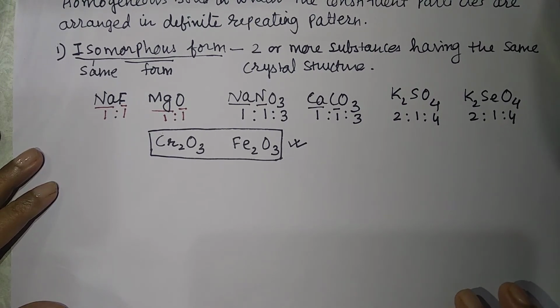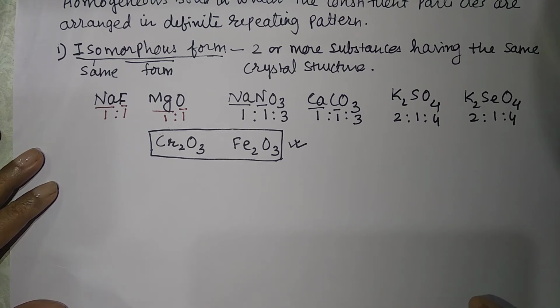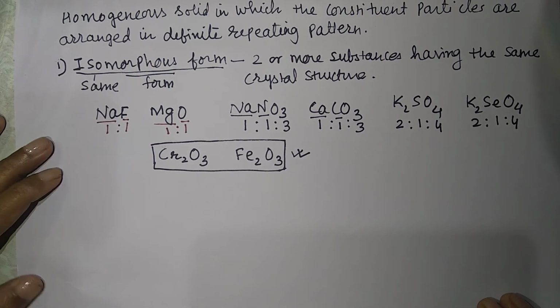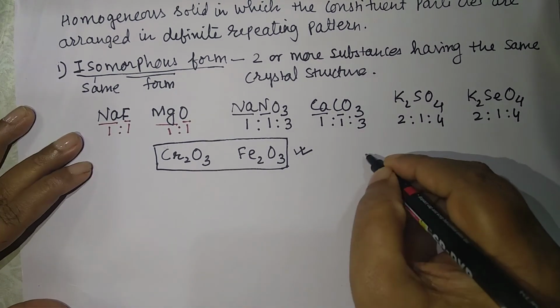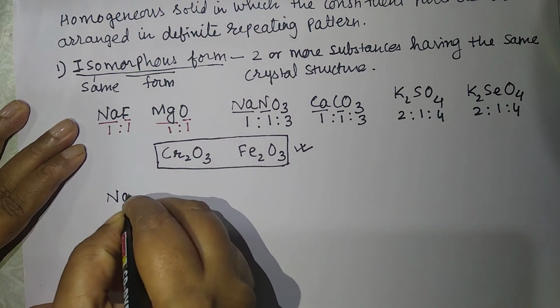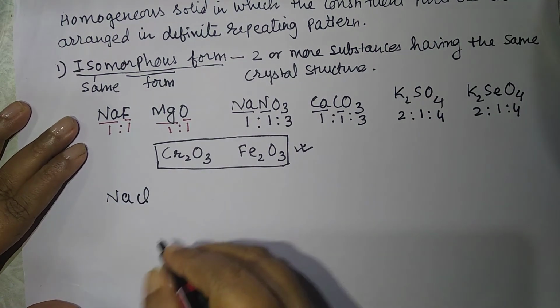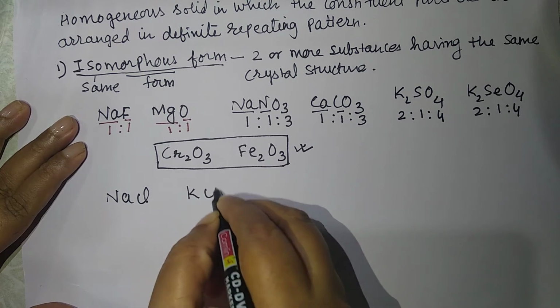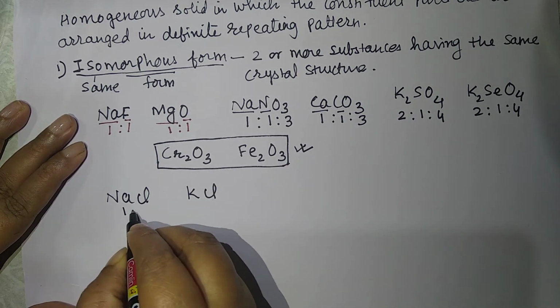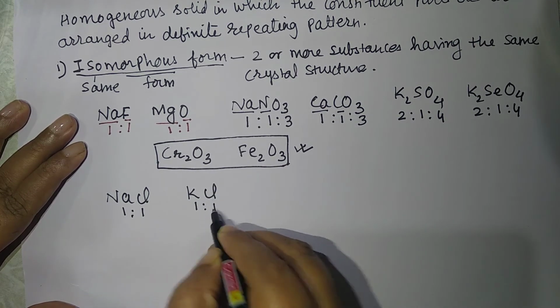Some substances are not isomorphous even though they have the same atomic ratio, similar molecular formula and similar chemical properties. This is only because they have different crystal structures, and so we don't say that they are isomorphous. The best example for this type is sodium chloride, NaCl, and KCl. The atomic ratio here is 1:1 and the same 1:1 here.